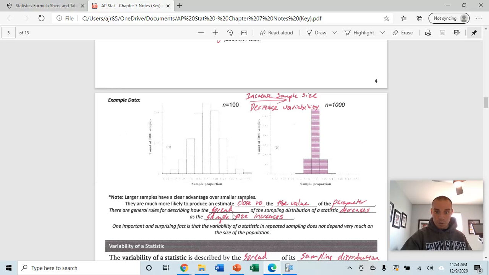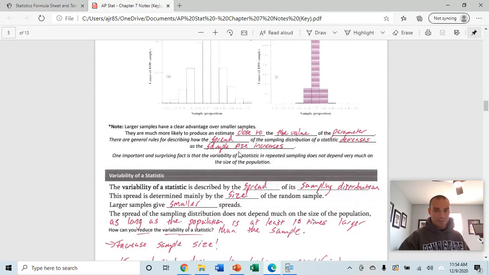There are general rules for describing the spread of the sampling distribution of a statistic. It decreases as the sample size increases. One important and surprising fact is that the variability of a statistic in repeated sampling does not depend much on the size of the population. It doesn't matter how big of a population you're taking it from; it matters how large your sample size is, and that's a crucial thing.